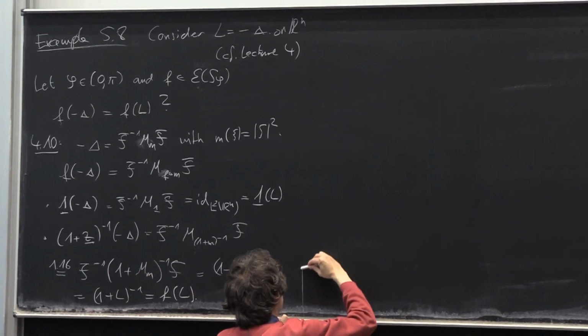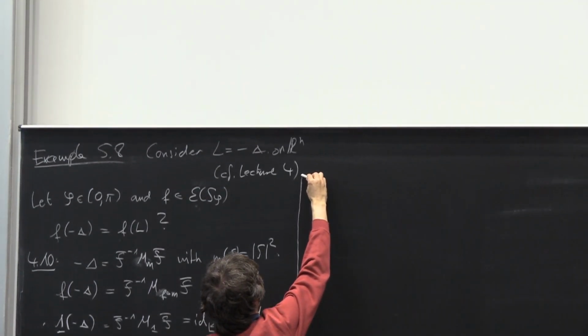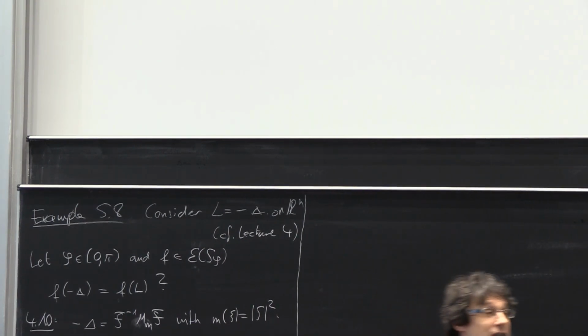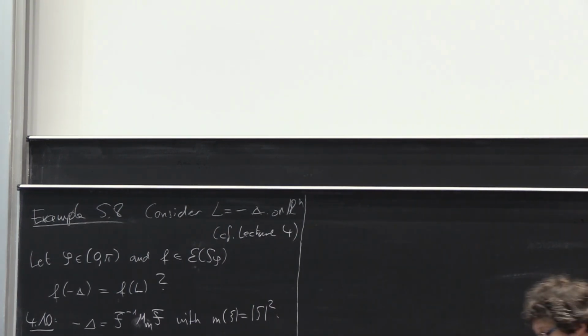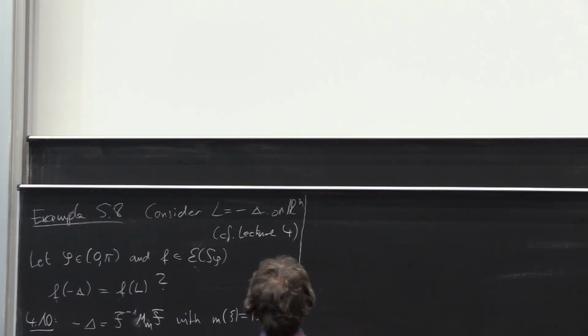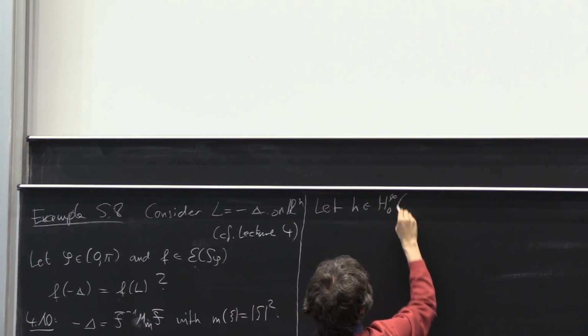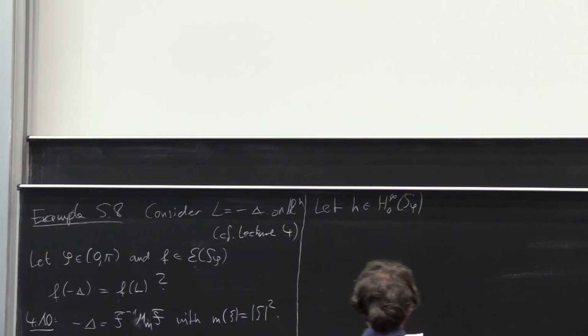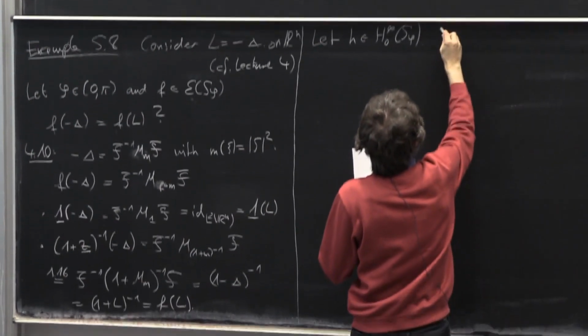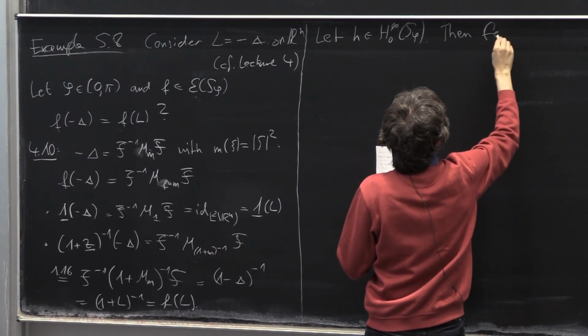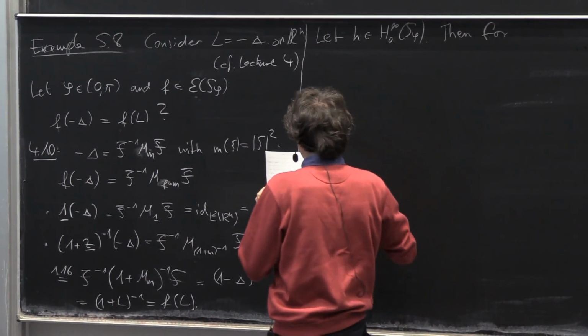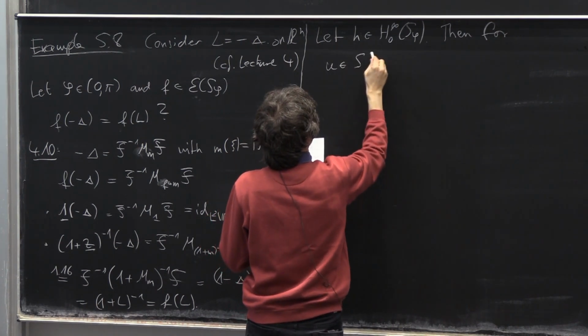So as one would expect, the complicated part is the biggest building block of the Dunford-Riesz class, so the H infinity 0 functions. So what happens there? Take some H infinity 0 function on our sector, and then for technical reasons, let's first argue for very nice arguments.